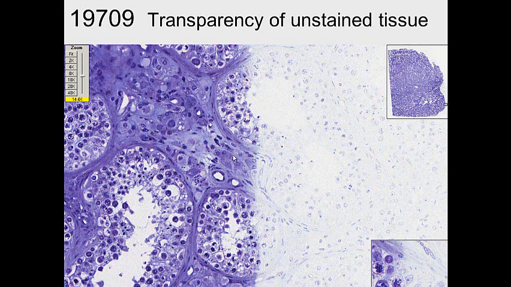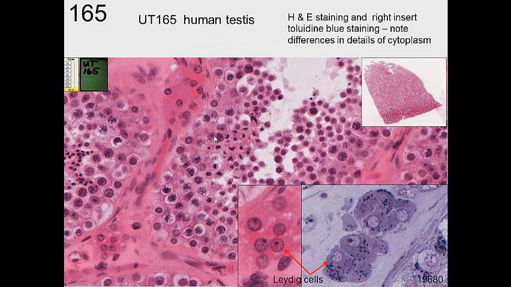But mostly tissue, unless it's specifically pigmented, is transparent, and you have to stain it to be able to see it. Also, this staining facilitates you to observe cells, but these cells are all dead. And we're using bright field microscopy to observe stained cells. If you want to look at live cells, you need to use phase contrast microscopy or differential interference contrast microscopy, a different type that we're not using.